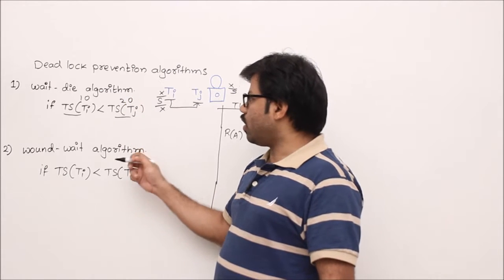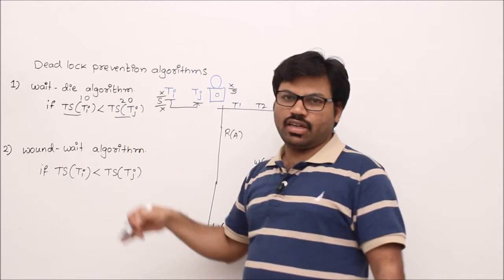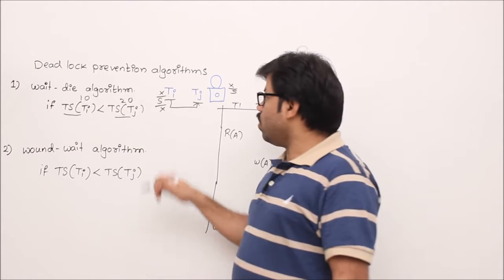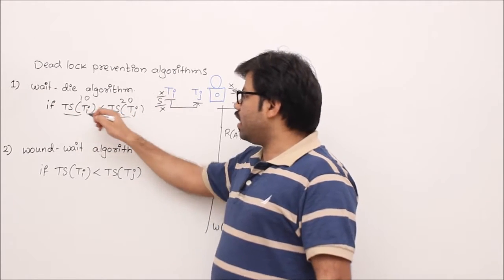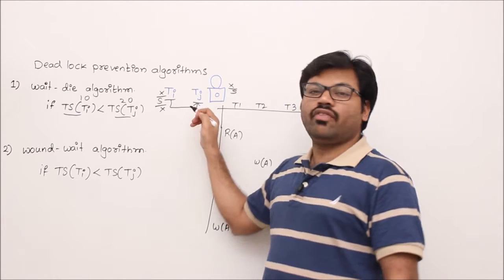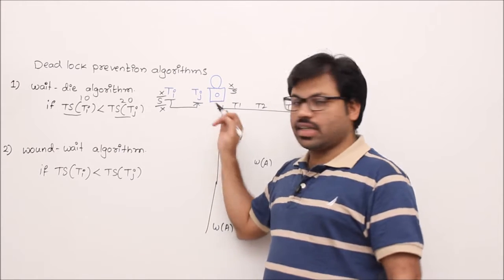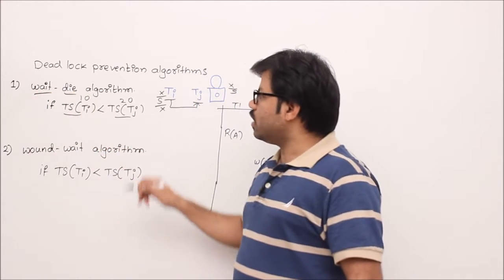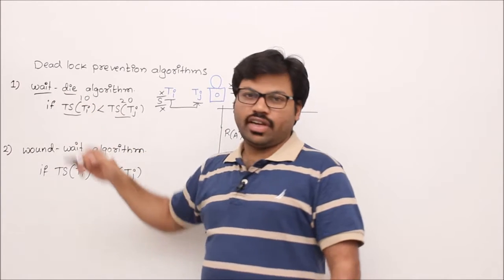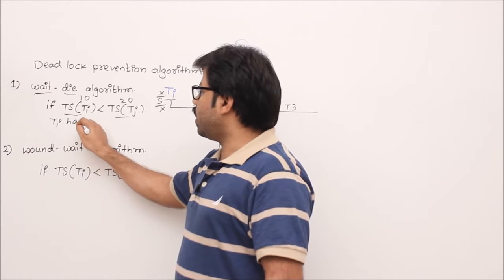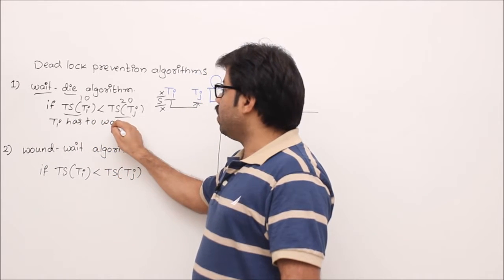Try to understand the meaning of 10 and 20 here: 10 is the older transaction, 20 is the younger transaction. So in this case, this condition is true. An older transaction is asking for a lock which is held by a younger transaction, correct? In that situation, in the wait-die algorithm, this older transaction will wait. That means Ti has to wait. That is the decision we take.